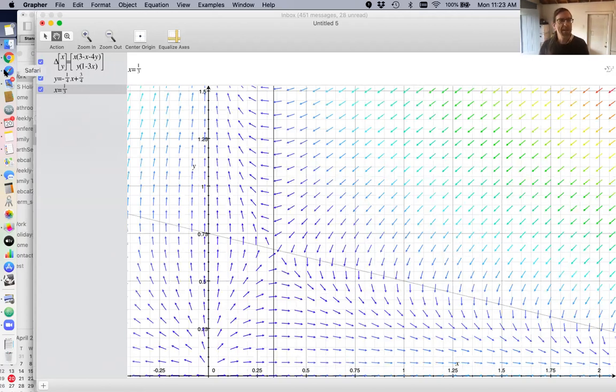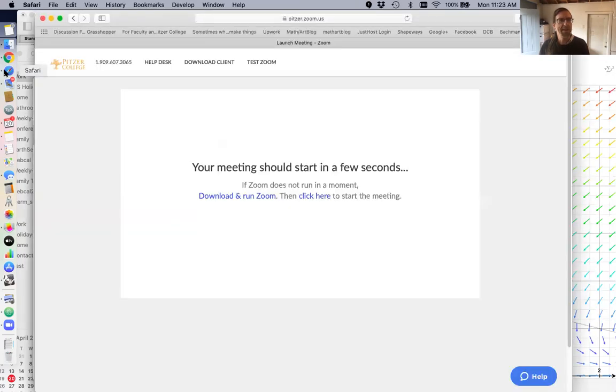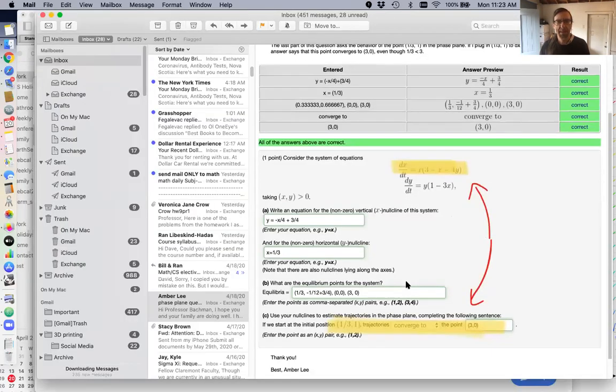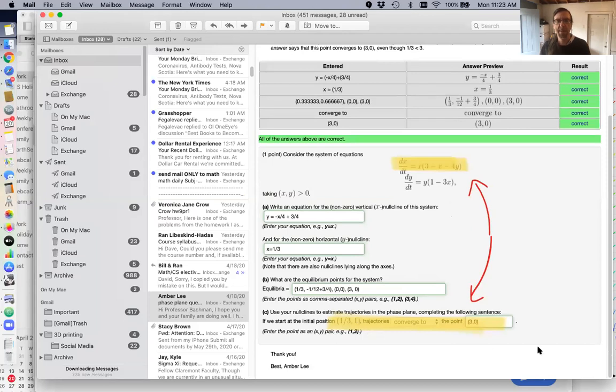So it looks like somebody just manually typed in that answer and was incorrect. I think the answer they're giving you here was incorrect. I don't know what the drop-down options were. Do you remember, Amber, what they were? Oh yeah, they were like diverge from, spiral to, spiral from. I see. Yeah. Okay.